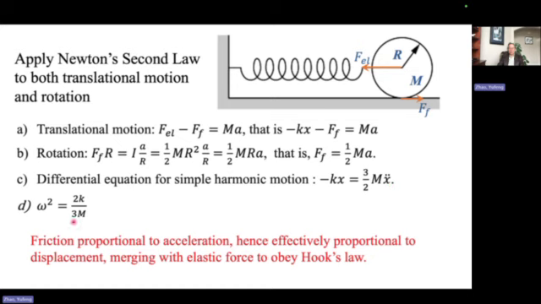Based on this equation, you can see that omega squared equals 2k divided by 3m. So friction is proportional to acceleration, hence effectively proportional to displacement, merging with the elastic force to obey Hooke's law. This is a very neat example to show how meticulously static friction can adjust itself to fit perfectly to the circumstances.